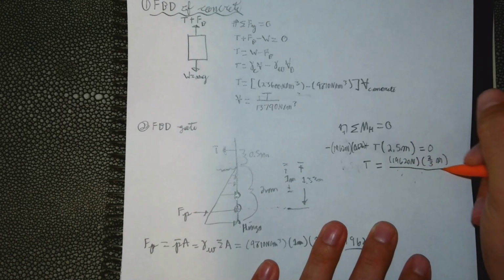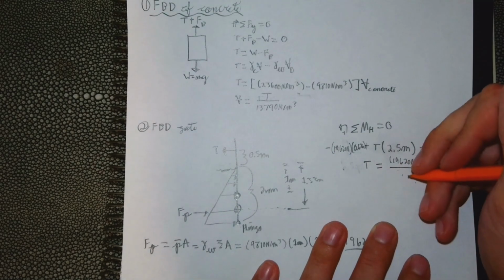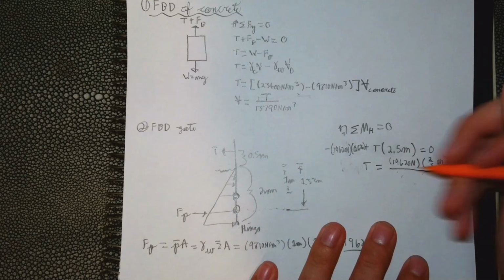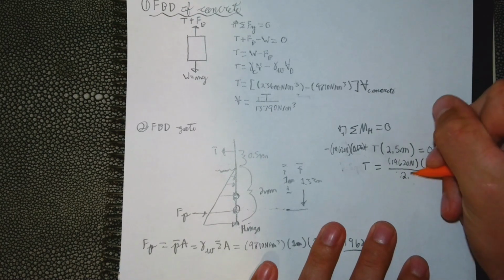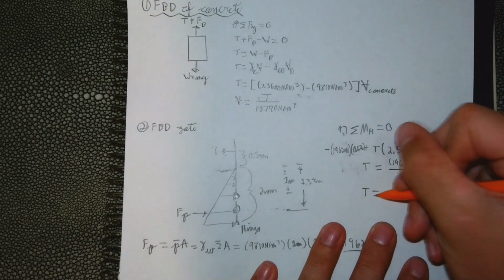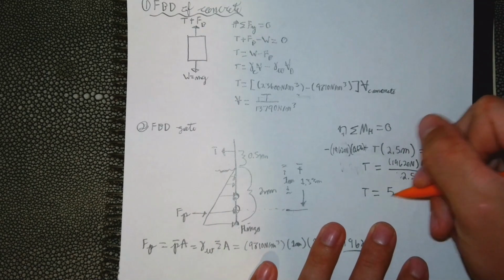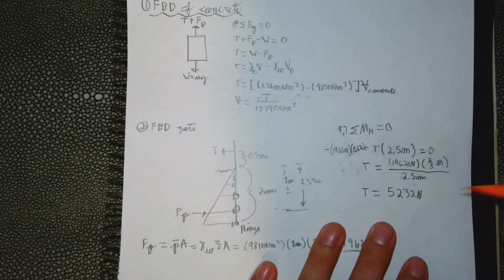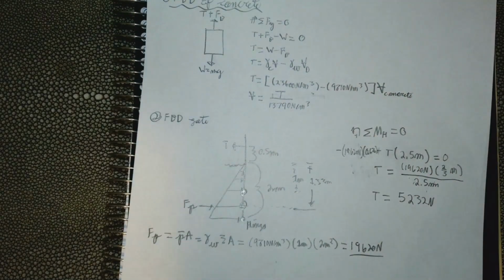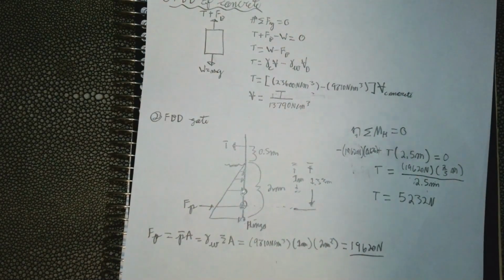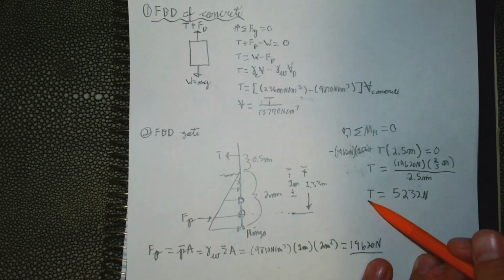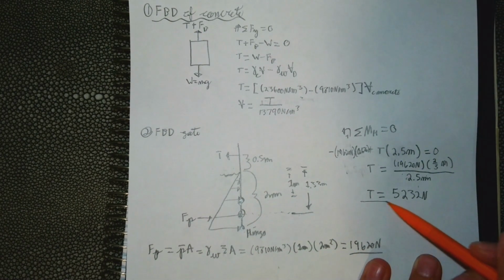It's actually more accurate. And then you have that 2.5 meters on the bottom, and then you get that tension equals 5,232 newtons, and that is positive, so I put it in the right direction. I assume the right direction for that is going left, which we should have known because it's tension.